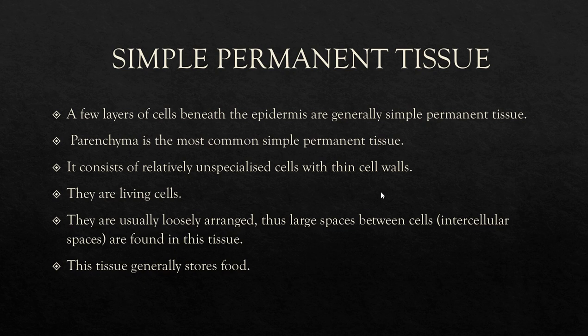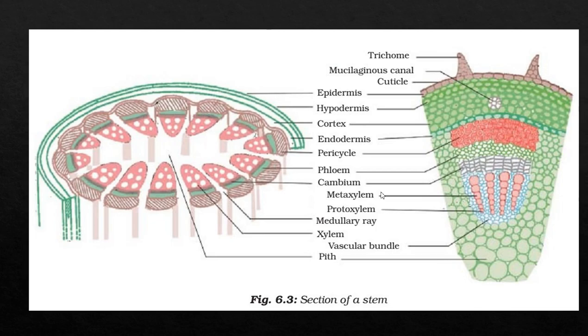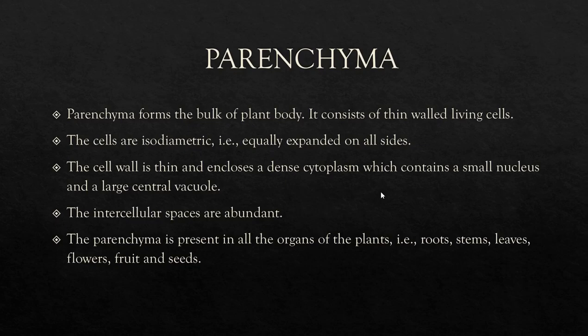We have three simple permanent tissues: parenchyma, collenchyma, and sclerenchyma. The common name for parenchyma is filler. They fill the spaces of the plant at different locations. On the other hand, collenchyma are supporter tissues, and the last, sclerenchyma, are the protector ones.